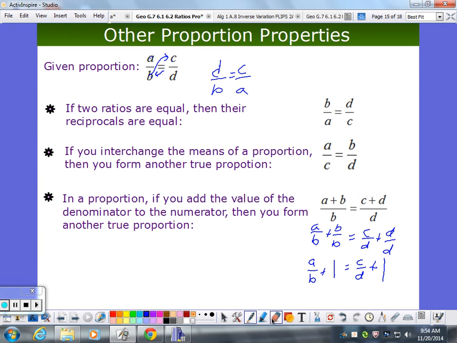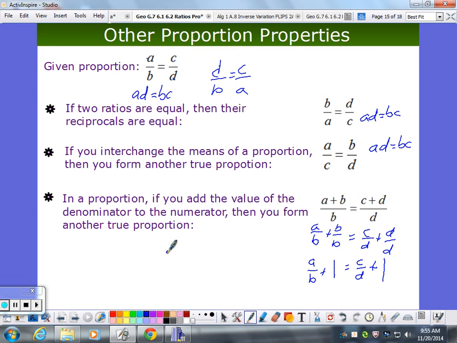Here's the simplest way to know if you've got an equivalent proportion. A times D equals B times C, right? That's the cross product. What's the cross product here? A times D equals B times C. What's the cross product here? A times D equals B times C. So you can swap these around, no problem.